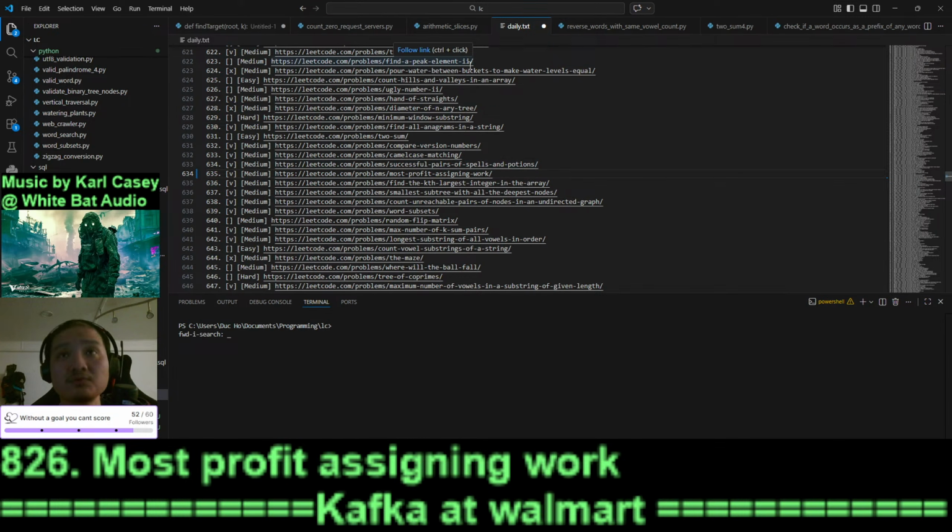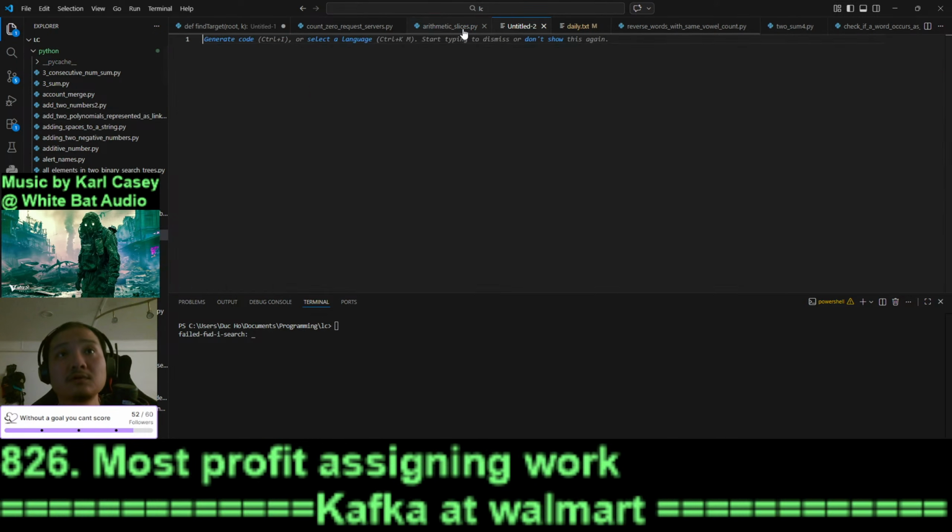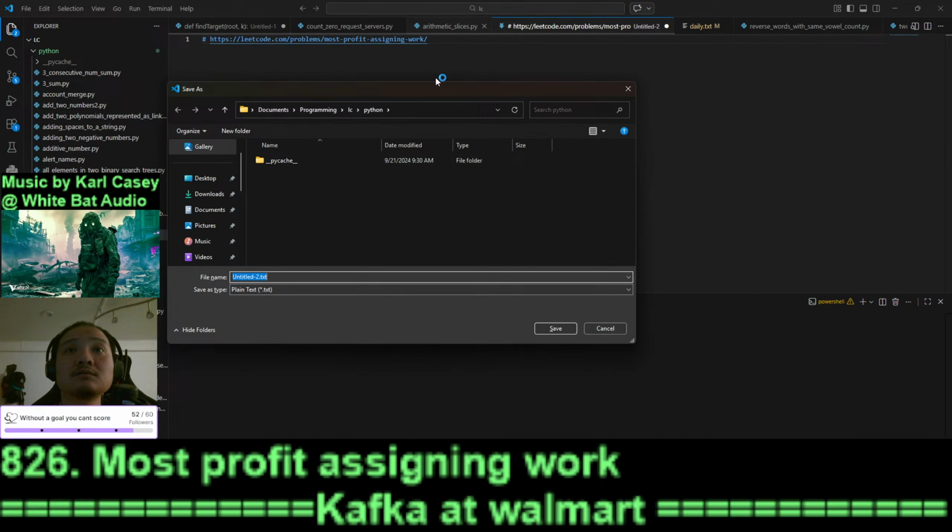So we gotta do most profit assigning work. I know there's a log n solution somewhere. I just don't know how to do that yet.